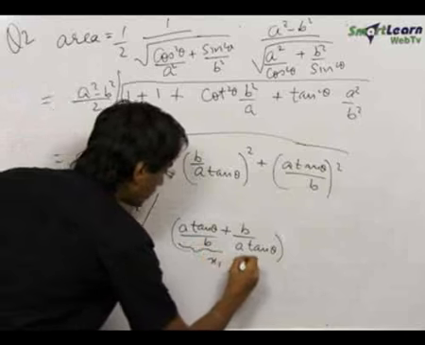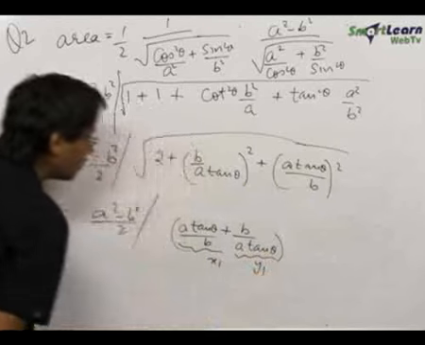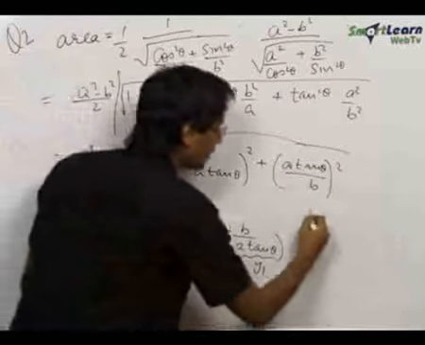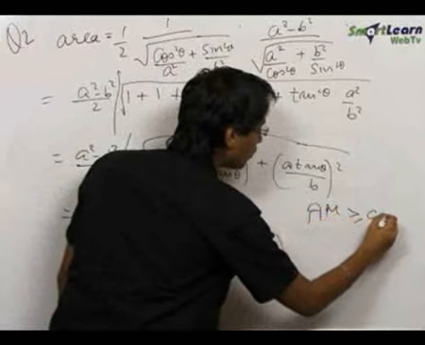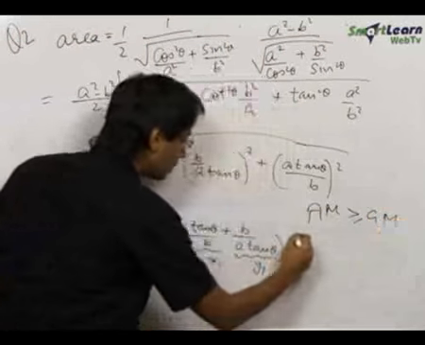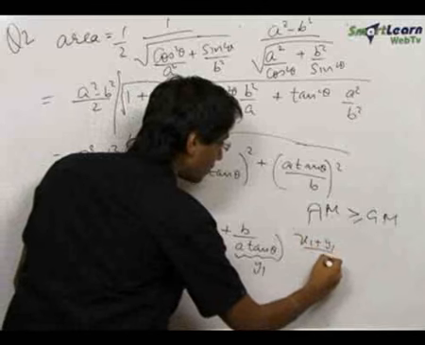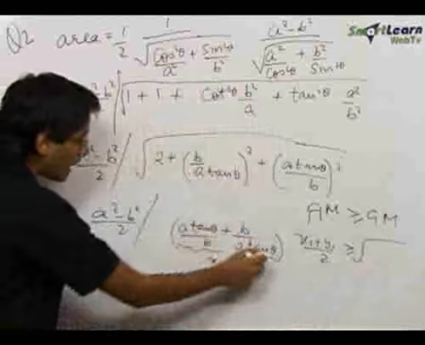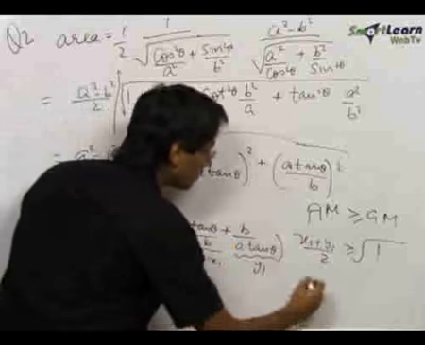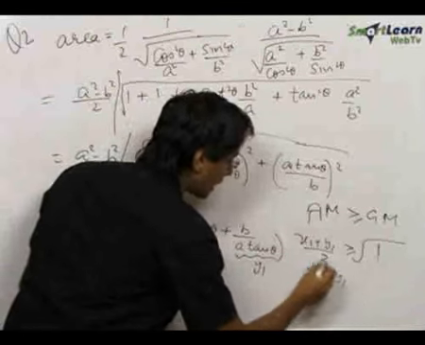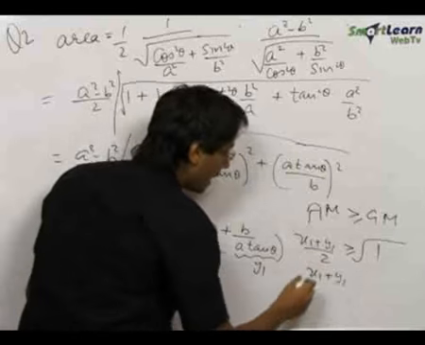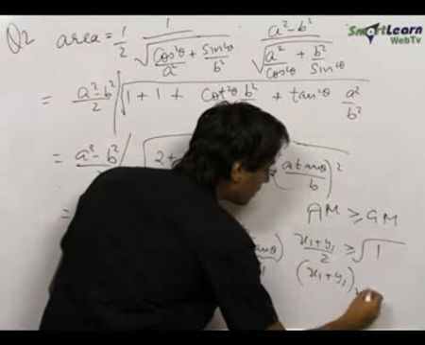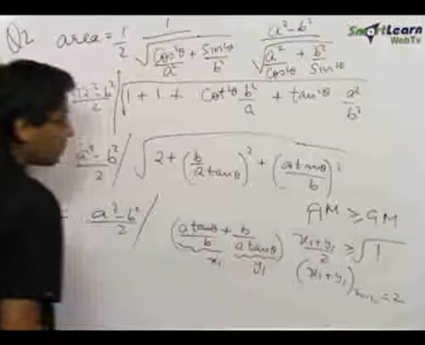Considering this as x1 and this as y1, from the inequality AM greater than or equal to GM, we have x1 plus y1 by 2 is greater than or equal to the square root of x1 into y1, and we know that x1 into y1 is 1. So x1 plus y1 is greater than or equal to 2, and hence the minimum value of x1 plus y1 is 2.